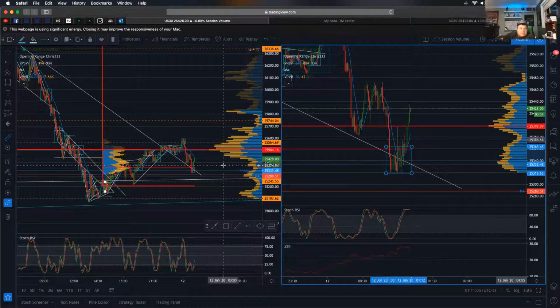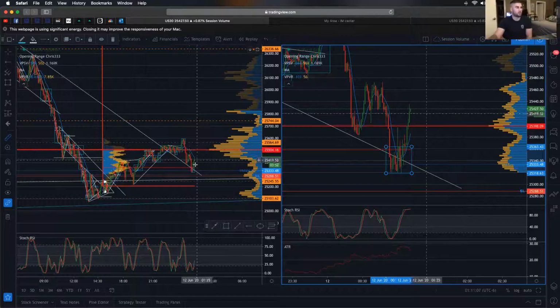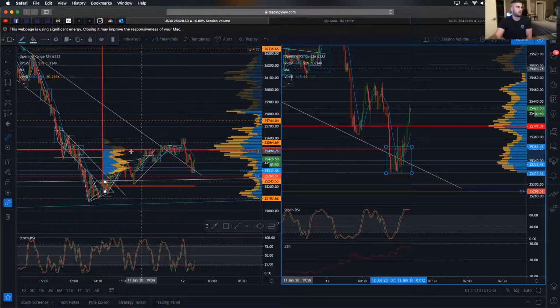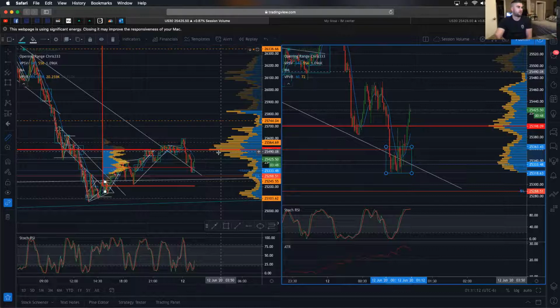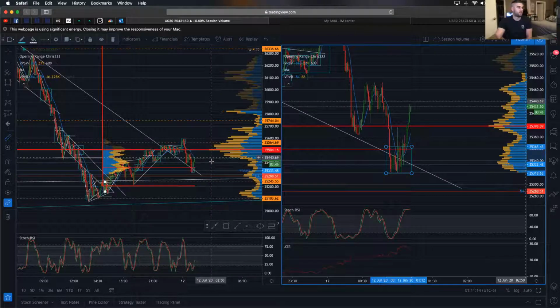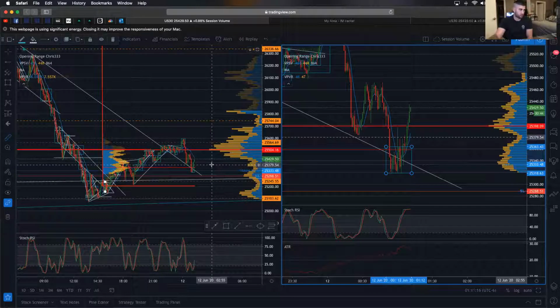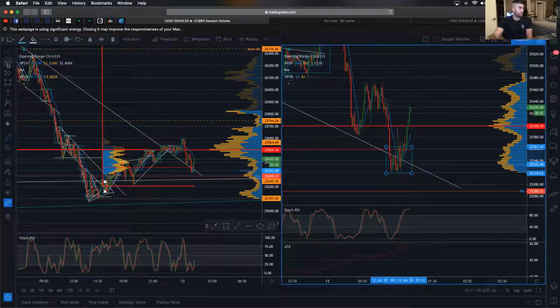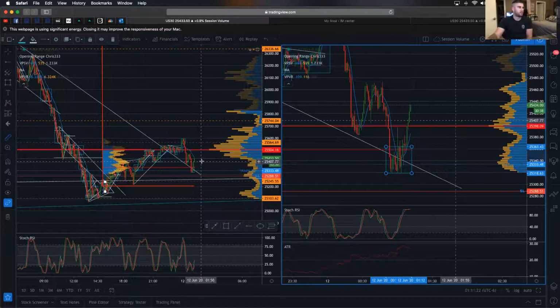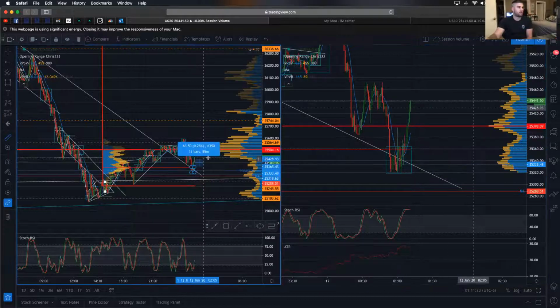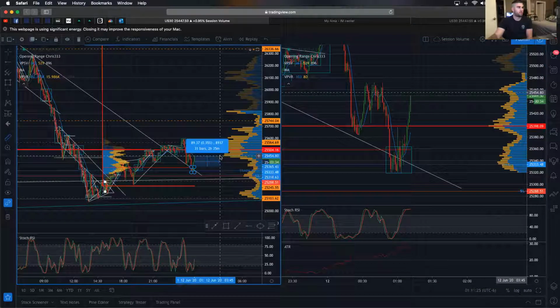Like right now it's on its way to yesterday's visual POC, right? Same thing. Breakout here, make your goal 31 points, which corresponds with the levels on the right. There it goes.